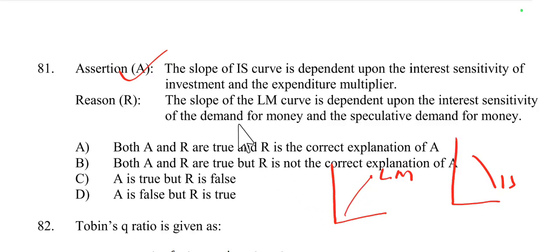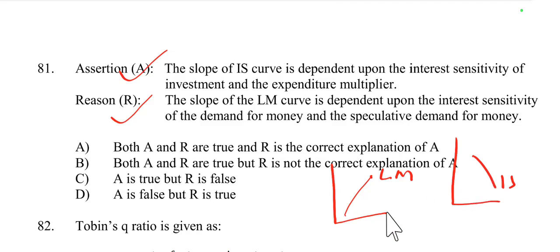So here both assertion and reason are correct, but the reason is not the correct explanation of A, because the reason pertains to the LM curve, while the assertion refers specifically to the IS curve.